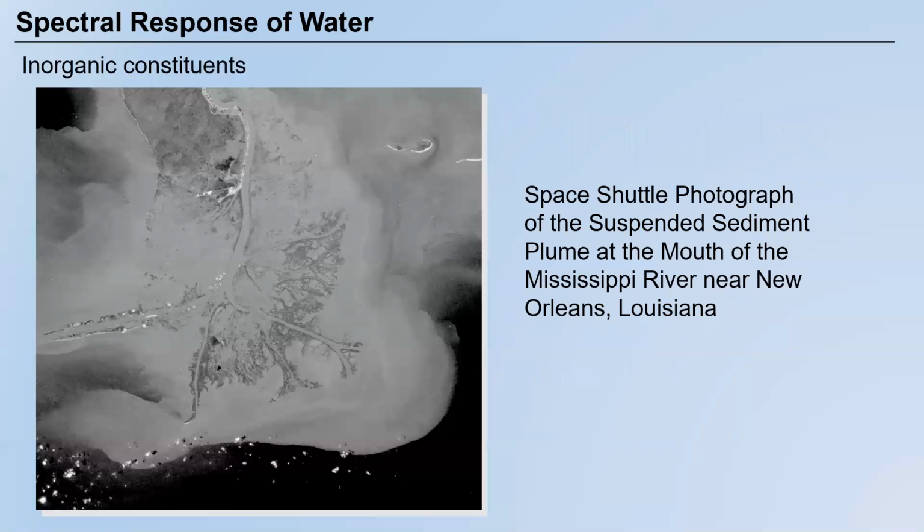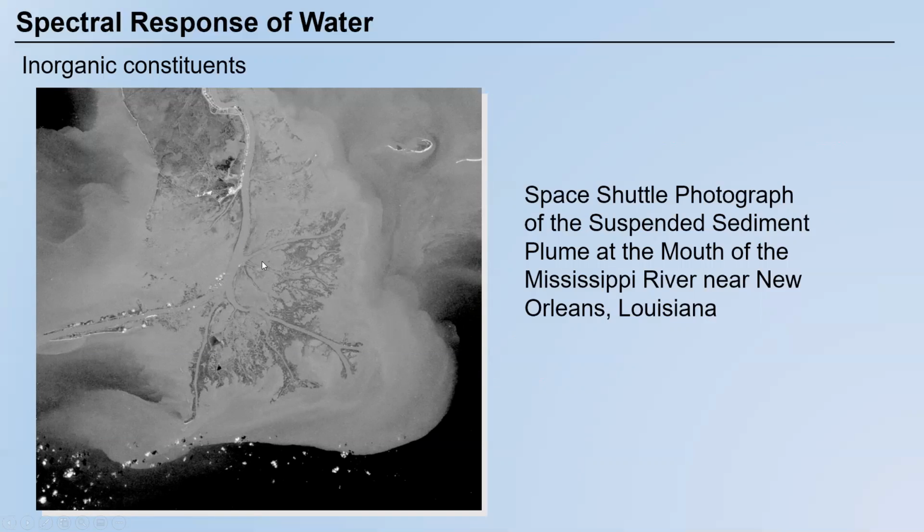So here is an example, a space shuttle photograph of a suspended sediment plume. We can see this plume area at the mouth of the Mississippi River near New Orleans, Louisiana. The dark area here is ocean, and here is generally the boundary. It's hard to tell between land and ocean.